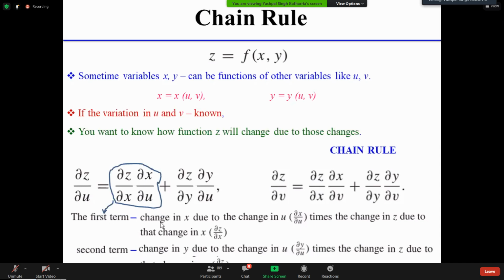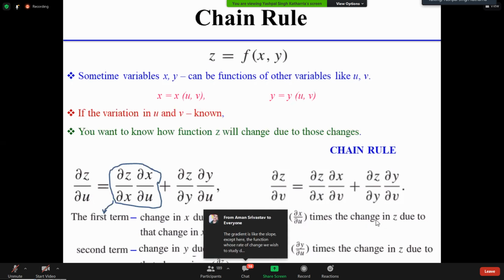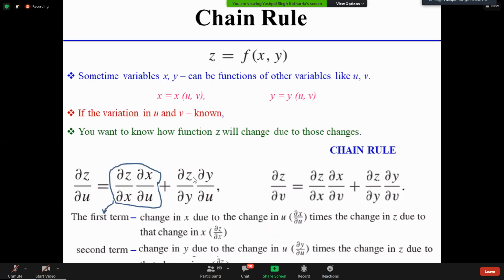So the first term represents the change in x due to change in u, multiplied by the change in z due to change in x. In the same way, the second term is the product of the change in y due to change in u, multiplied by the change in z due to change in y. So this is the change of z with respect to u that we can write.